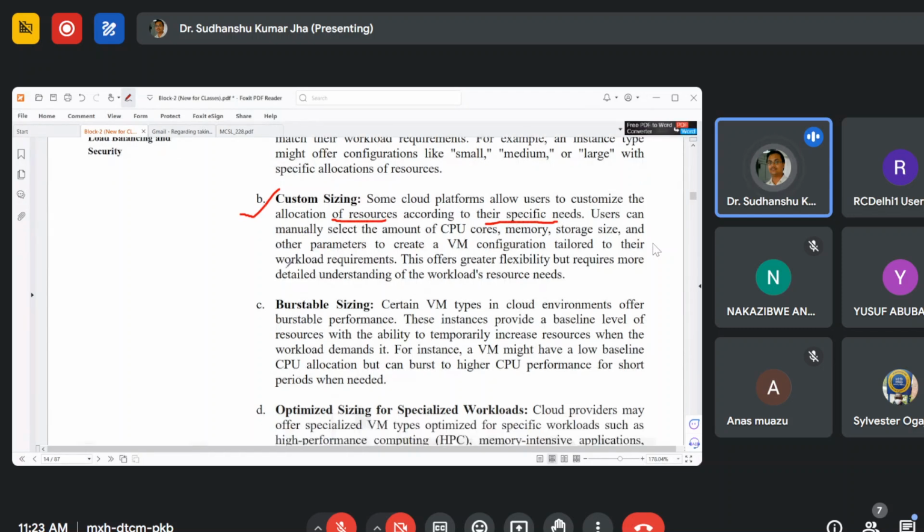The third one is the burstable staging. In the case of the burstable staging, the cloud environment offers burstable performance, and these instances provide a baseline level of resources with the ability to temporarily increase resources when the workload demands.